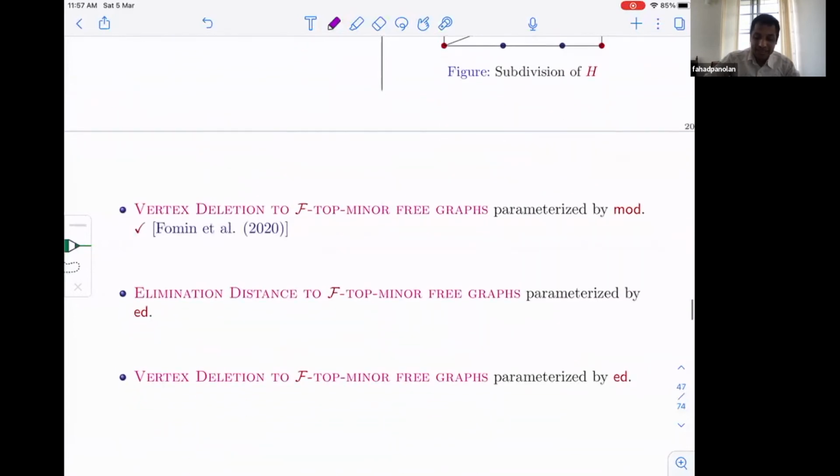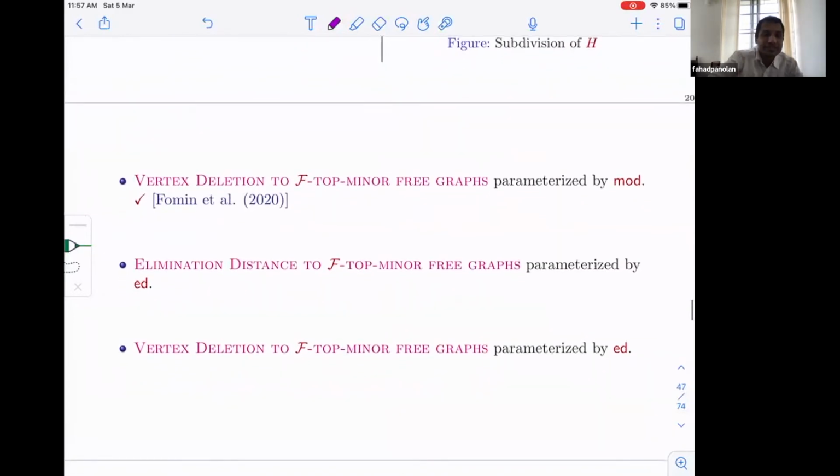Again, we can ask these three important questions: vertex deletion to F topological minor free graphs parameterized by the modulator size, elimination distance to F topological minor free graphs parameterized by elimination distance, and vertex deletion parameterized by elimination distance.